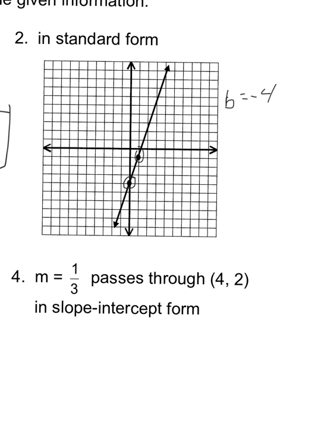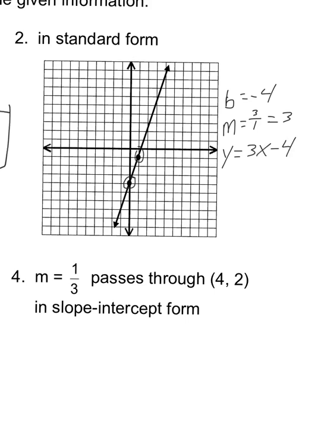My slope is rise from my beginning point up 1, 2, 3 and over 1, which reduces to 3. So if I was in slope-intercept form, that would be y equals 3x minus 4.